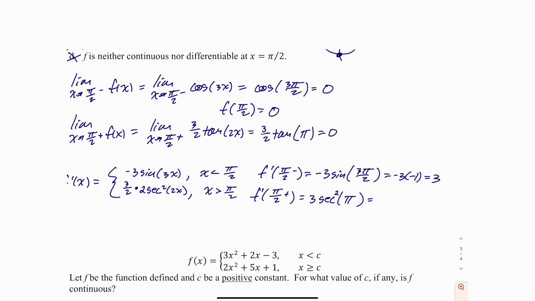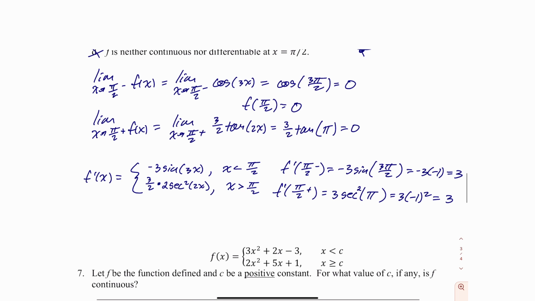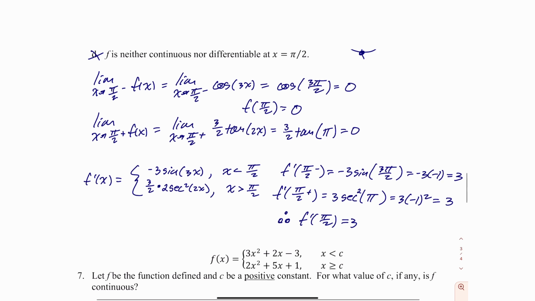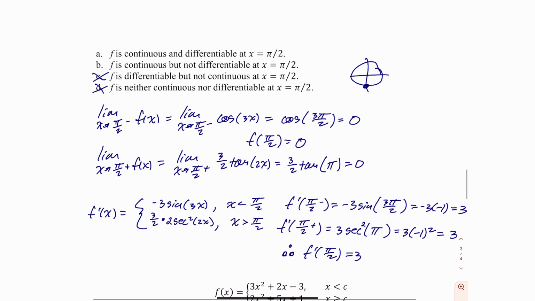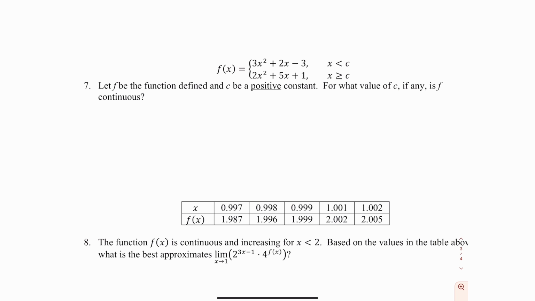So we have 3 times (-1) squared, which is 3, which means we could throw in an equal sign on either branch here. But the key thing is we can say that f prime of pi over 2 is 3. So the derivative exists and the function is continuous. We can say this function is continuous and differentiable. That's a good one.